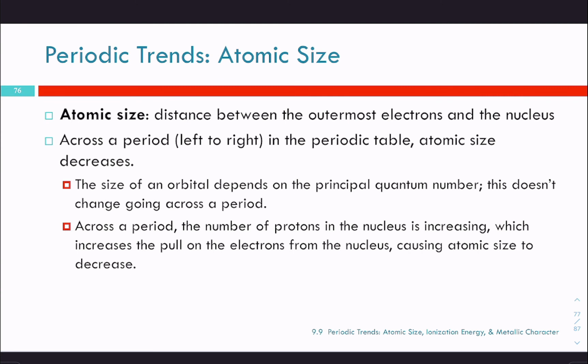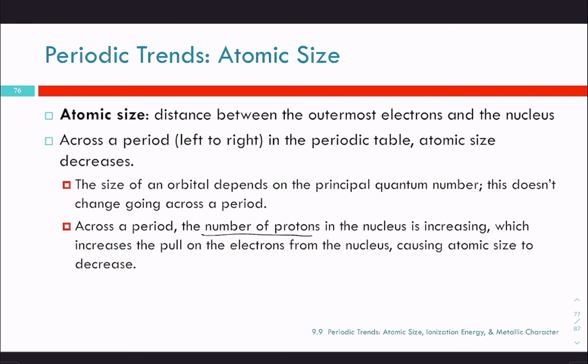So the size of an orbital depends on the principal quantum number, which doesn't change as you go from left to right. So between lithium and beryllium, or beryllium and boron, we're not changing the principal quantum number. So the only thing that's really changing is the number of protons in the nucleus. So you can think of these like magnets.